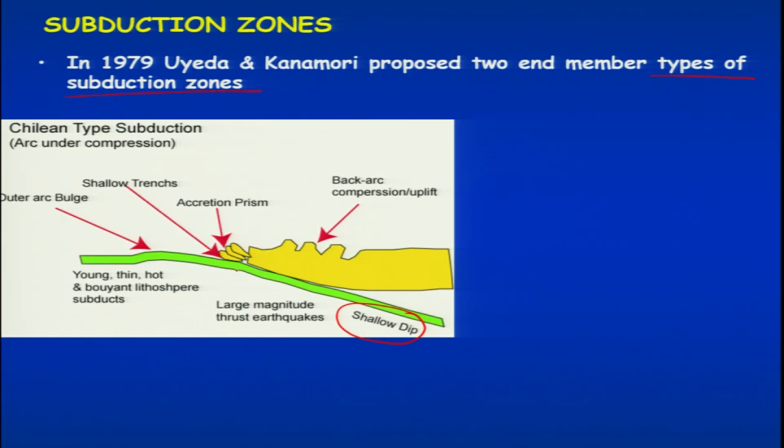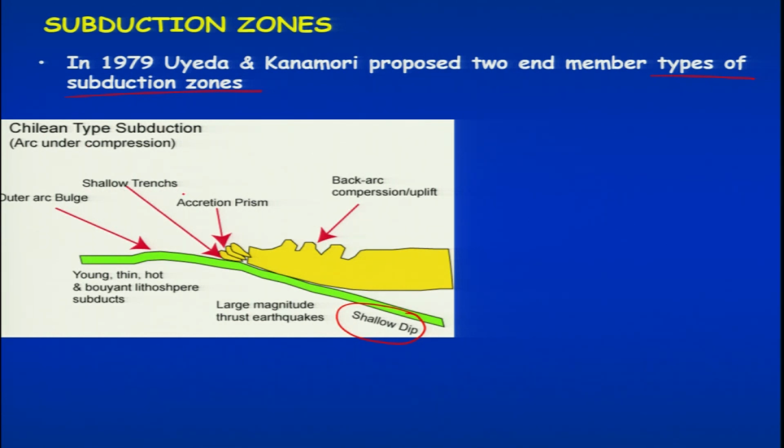So we have a shallow subducting plate which is going down with respect to the overriding plate here, and the features which we will see on the surface are the back arc, compression and uplift on the overriding plate. In front of that we will see the formation of the sediment succession resulting in the formation of an accretion prism, and we will have a shallow trench. So in the Chilean type we will see the formation of a shallow trench.